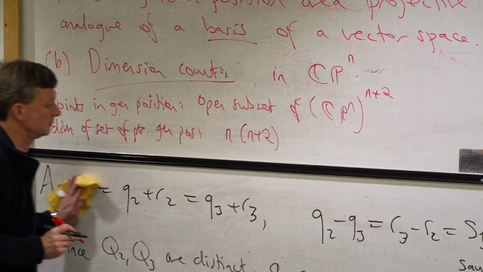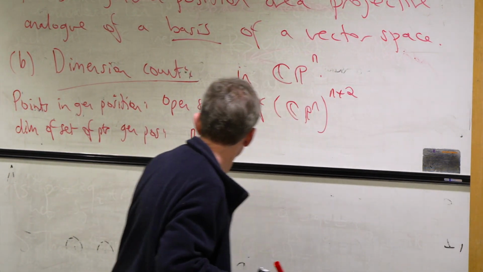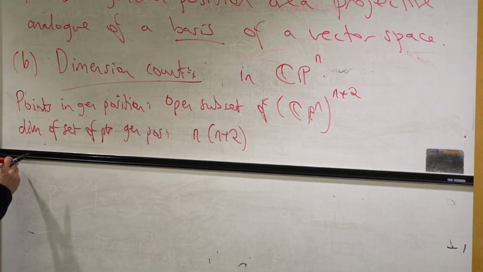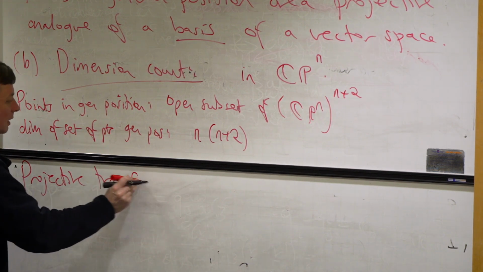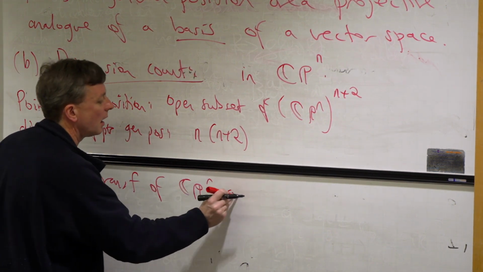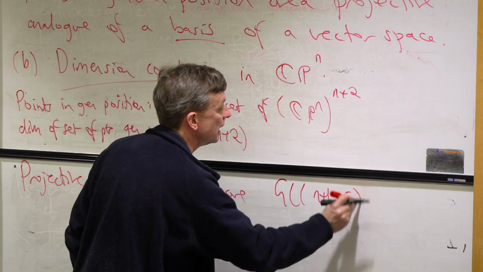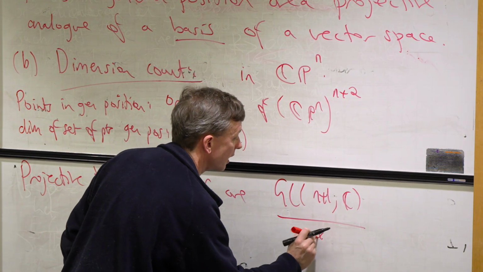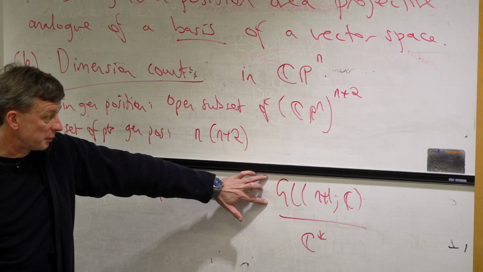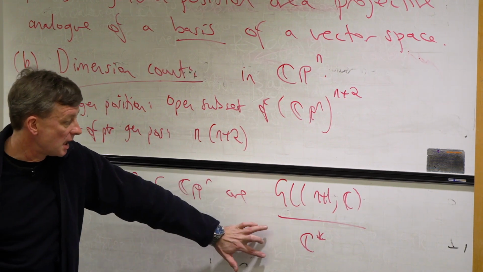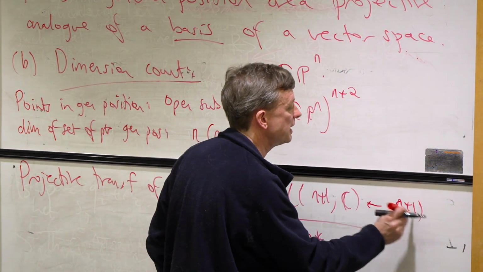Now, projective transformations of CP^n are, well, it's really GL of n plus 1 over C divided by C star. So these are square matrices, n plus 1 by n plus 1, and this is really one-dimensional complex numbers. So that's got dimension n plus 1 squared.